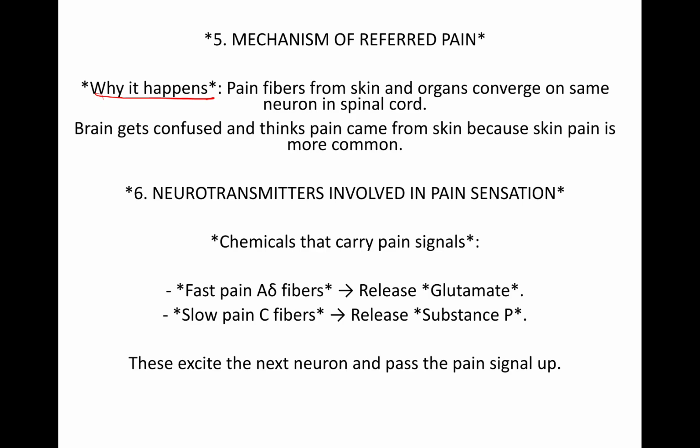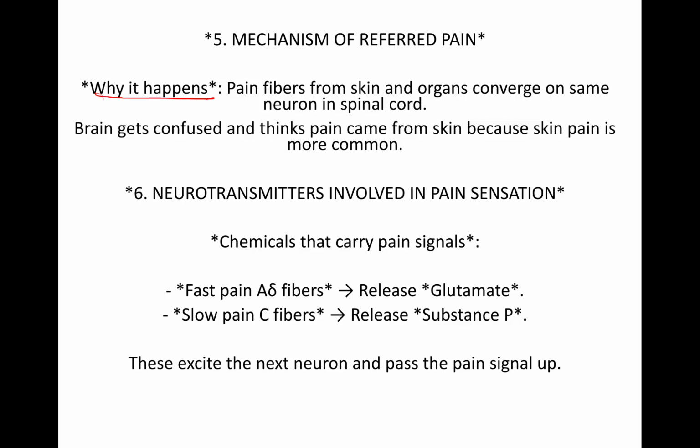So what will happen? The brain will get confused. Is the pain coming from the skin directly or the organ? Okay. So the brain gets confused because skin pain is more common.